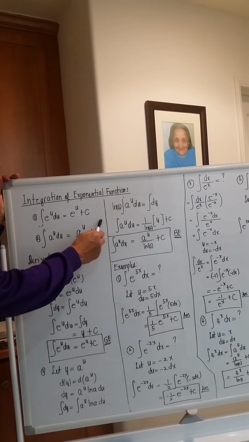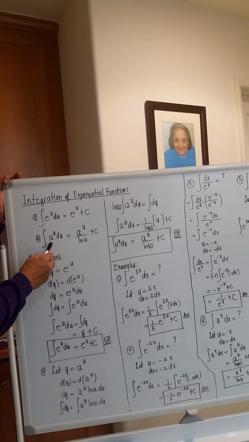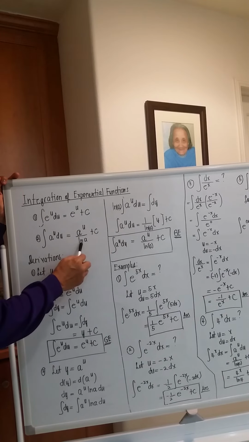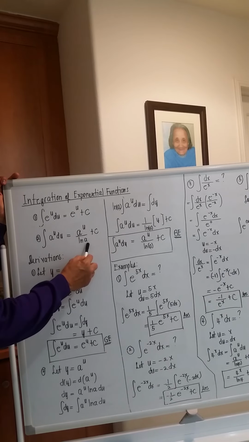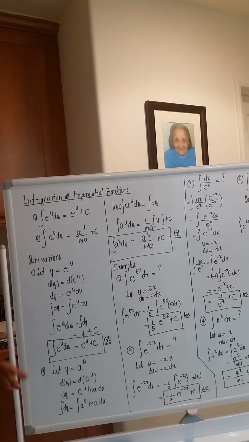Number 2, the integral of a, where a is a constant not equal to e, raised to u du equals a to the u all over the natural logarithm of a, that base, plus c. That's the second formula.